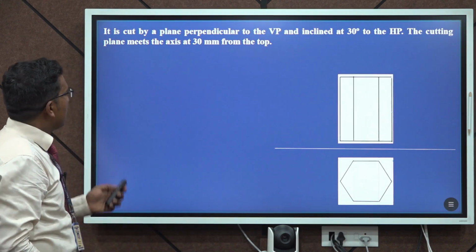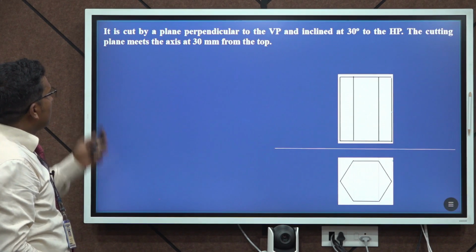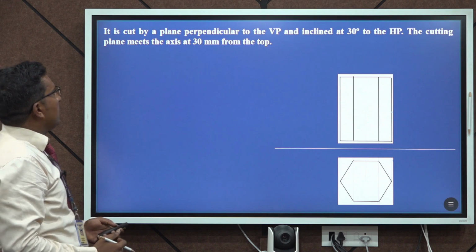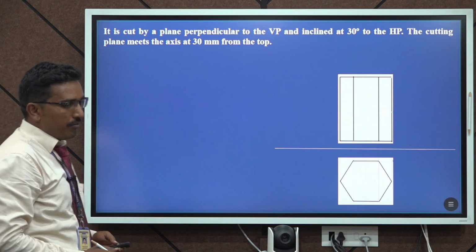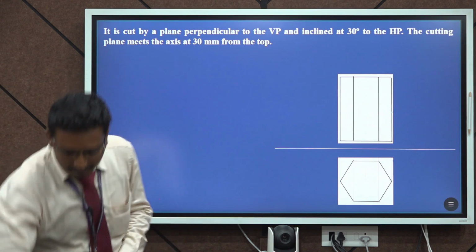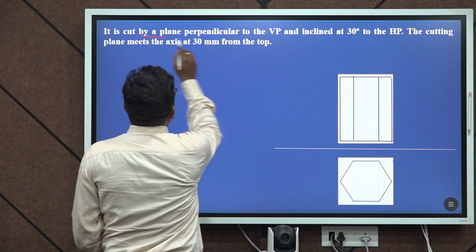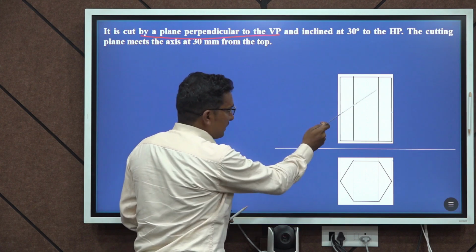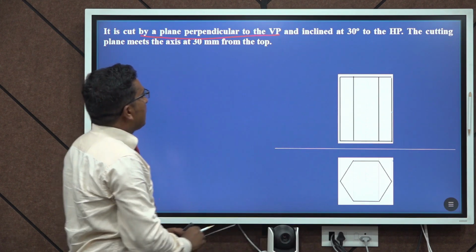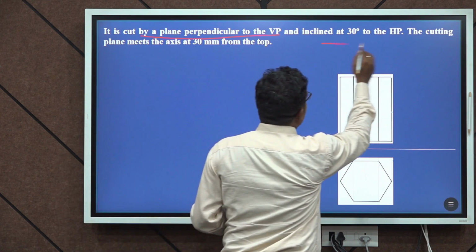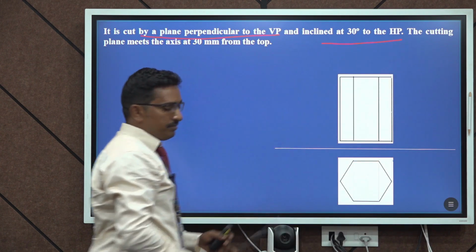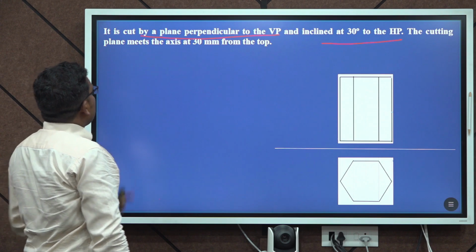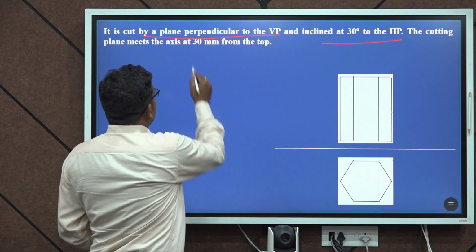For that purpose they have given the data. It is cut by a plane perpendicular to the VP. Earlier we have seen cut by a plane perpendicular to the VP. So for that purpose we are going to cut like this, inclined at 30 degrees to the HP. The cutting plane meets the axis 30 mm from the top.